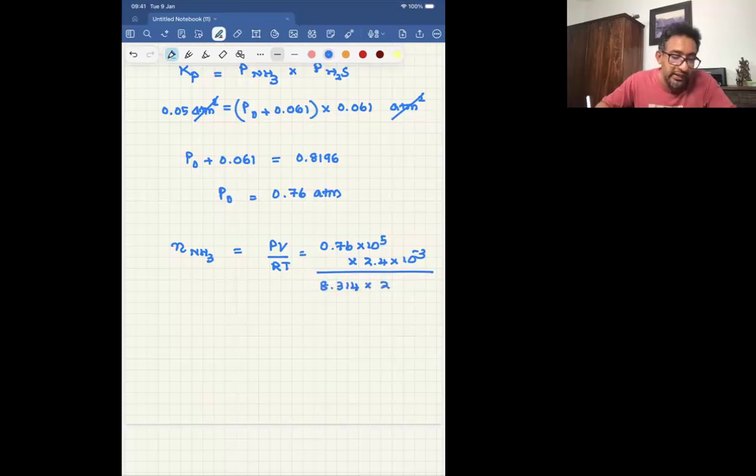Temperature 293 is equal to moles. So 0.76 times 10 to the power 5 times 2.4 times 10 to the power minus 3, divided by 8.314 multiplied by 293. So I get 0.075. 0.075 moles of ammonia should be added.